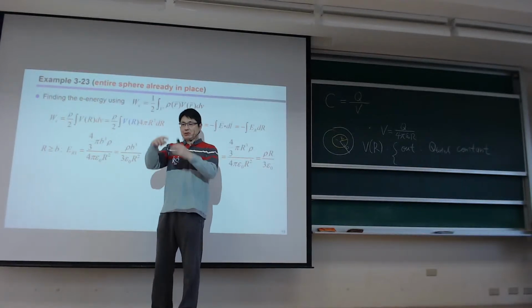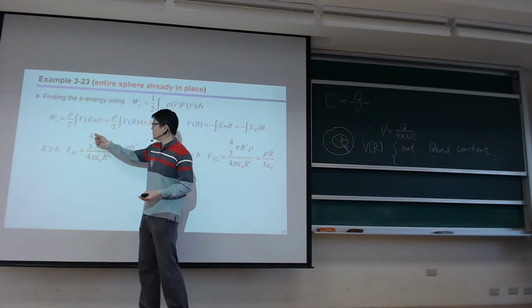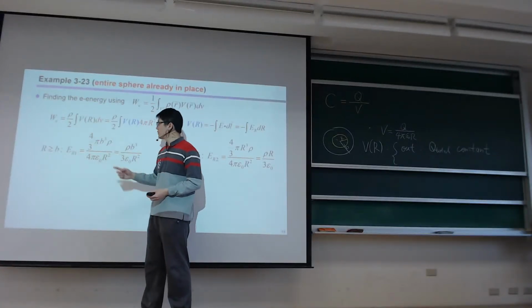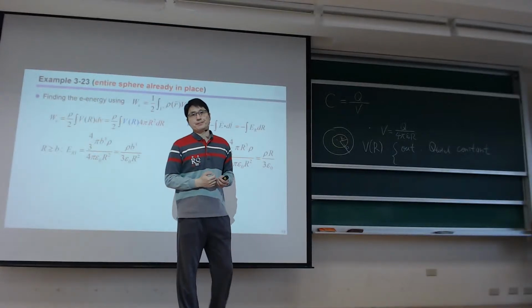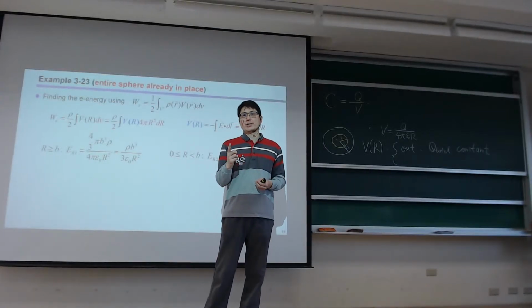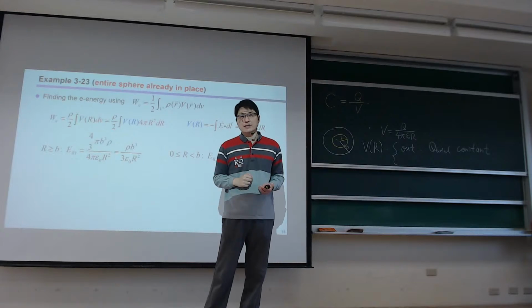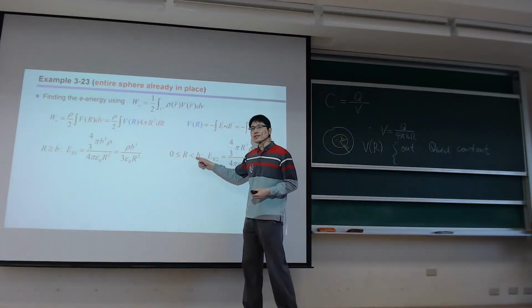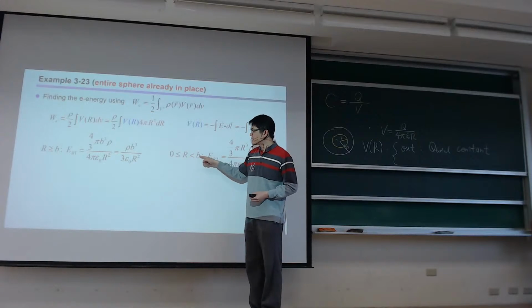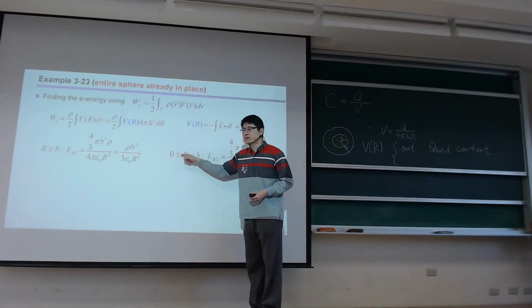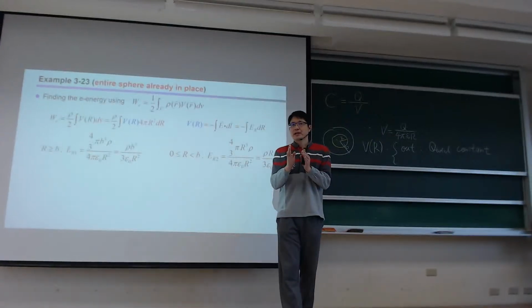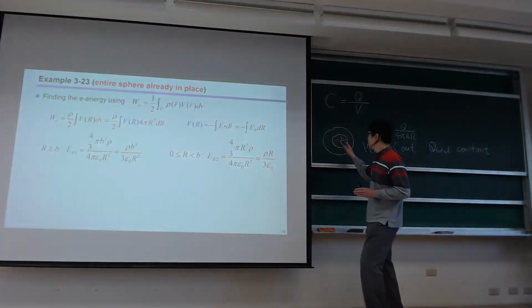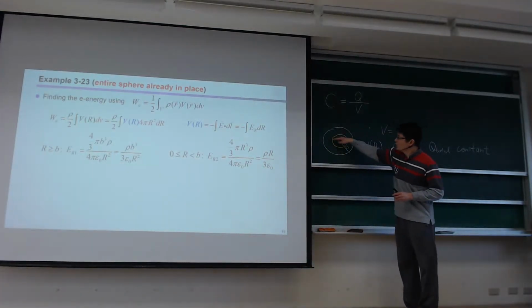When you're outside, the total amount of charge is the volume of the sphere multiplied by rho. It does not change as a function of distance. But when you are inside, when your radius is smaller than b and greater than 0, you have to be careful. In this case, you are evaluating only the charge contained in this yellow sphere.